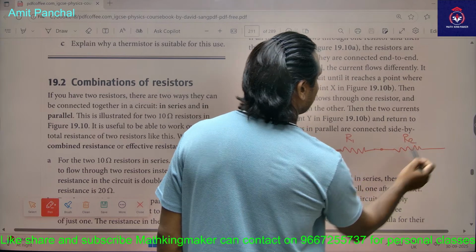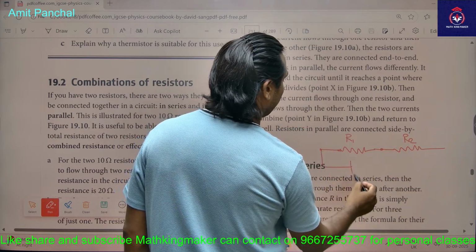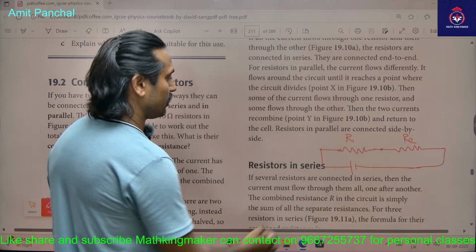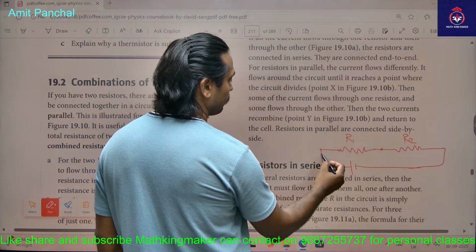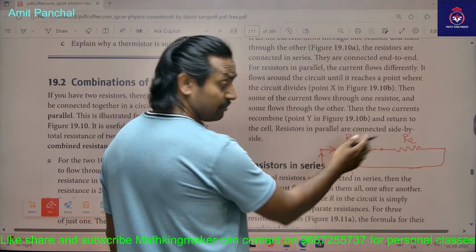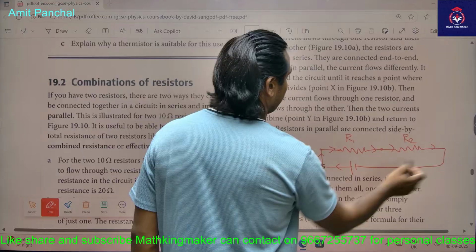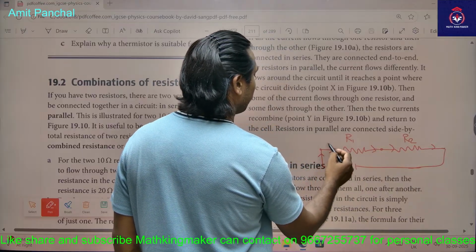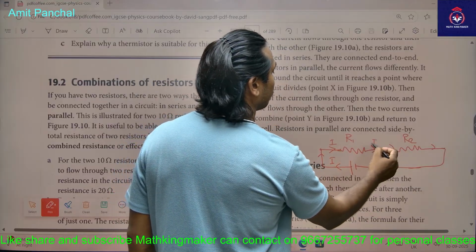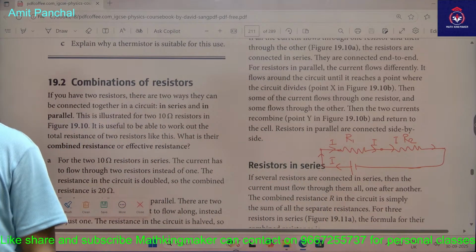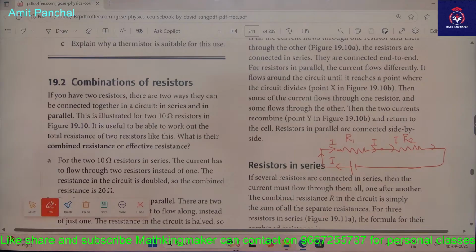Okay. Yes. This is your battery. So the current flows like this. The same current will flow, isn't it? So current I is starting from here, I is there, I is here, I is here. So if the current flow is the same, then it is said to be the series combination.